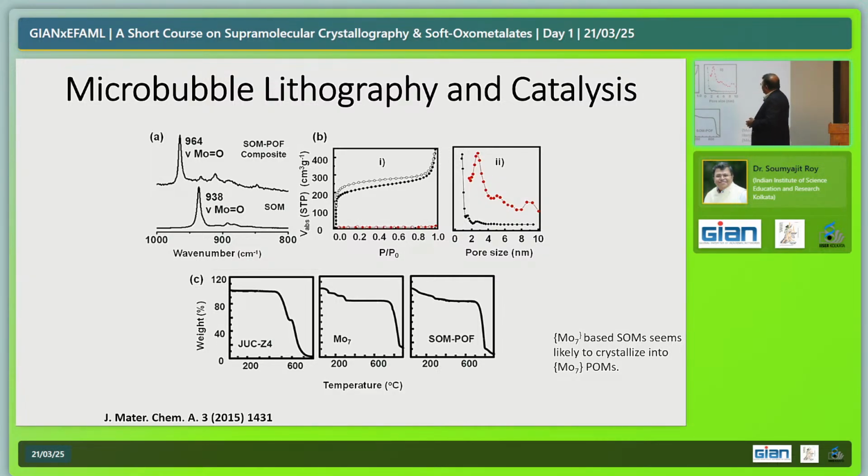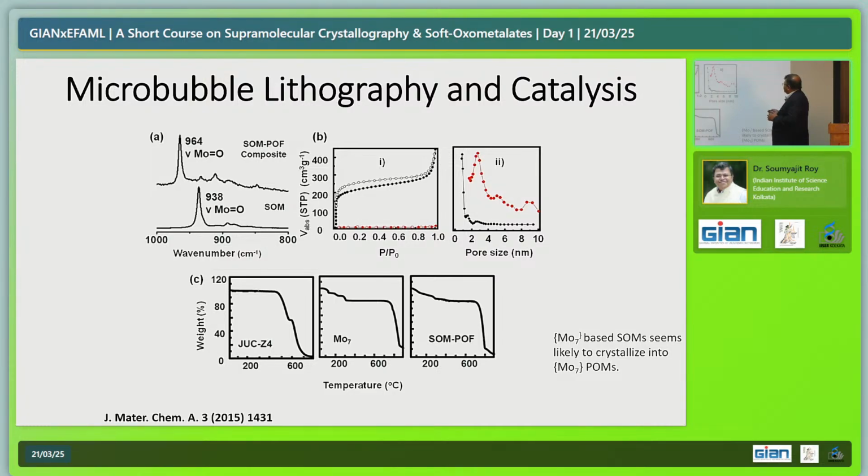Now, what we did then, we looked at the Raman modes, and this is what we found, that there was a difference in the Raman stretches, and that's because you have weakening of the bonds. And we also did porosity measurement, and what we found interestingly is that the pore sizes were changing.